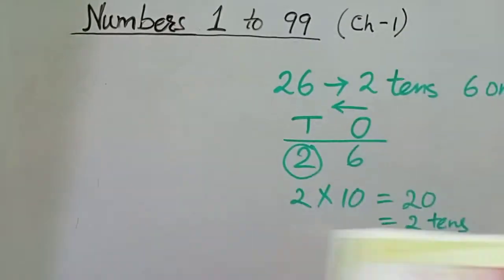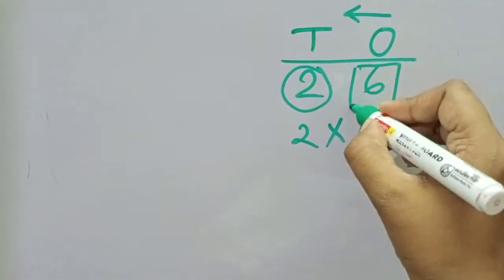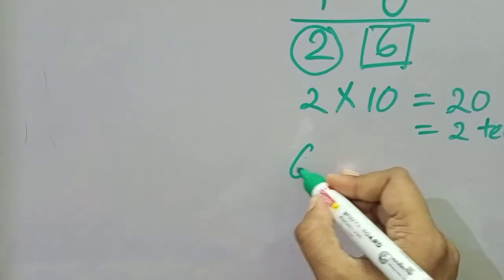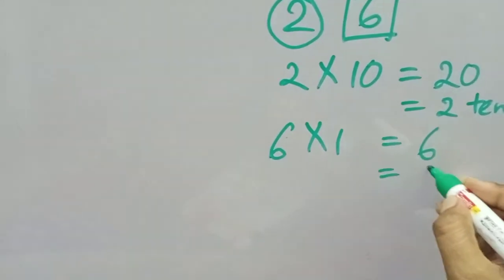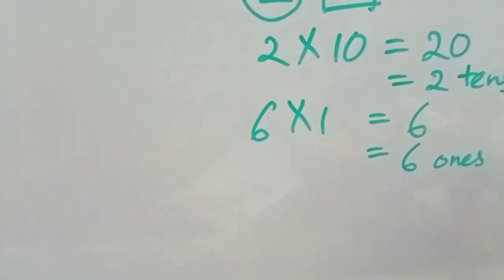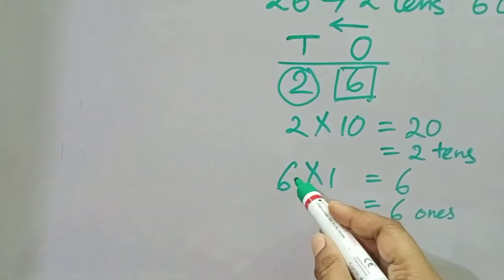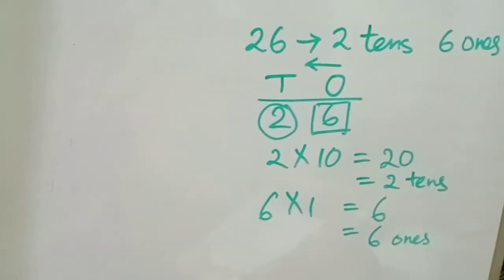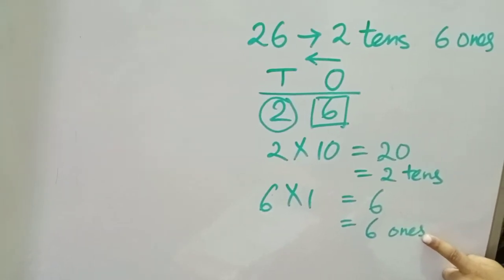Again, going to the next one, that is 6. The place value of 6 is 6 into 1, which is equal to 6, that is 6 ones. So we can say that the place value of digit 6 in this number 26 is 6 ones. This is how we determine the place value, isn't it?